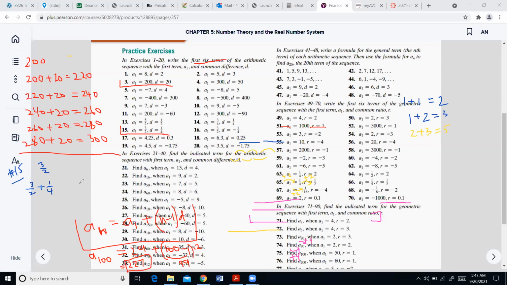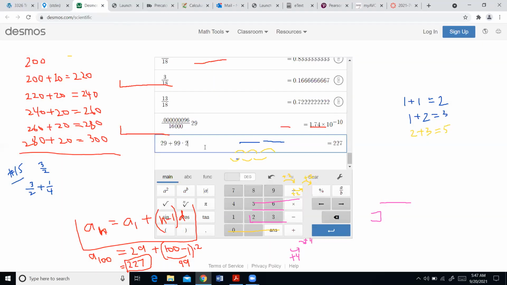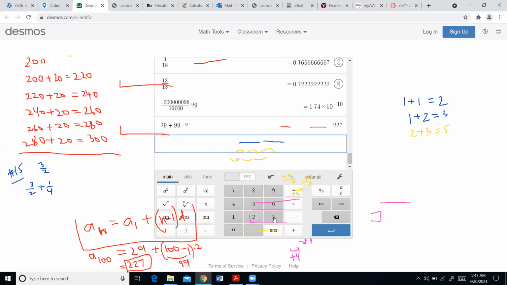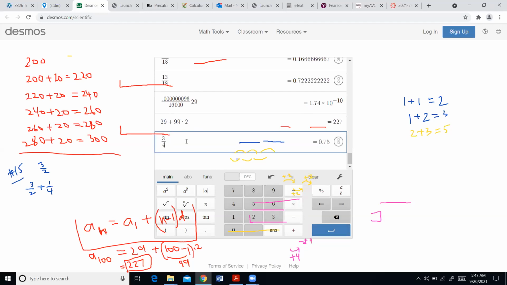For the next term, you'll add a quarter, but the question is to what? Let me put this in a calculator. You could do it by hand, of course, if you feel like it, but I would say just use a calculator. It'll be 3/2, not 3/4. We should be careful. 3/2 plus a quarter plus 1/4, right? So here's your answer, 1.75.